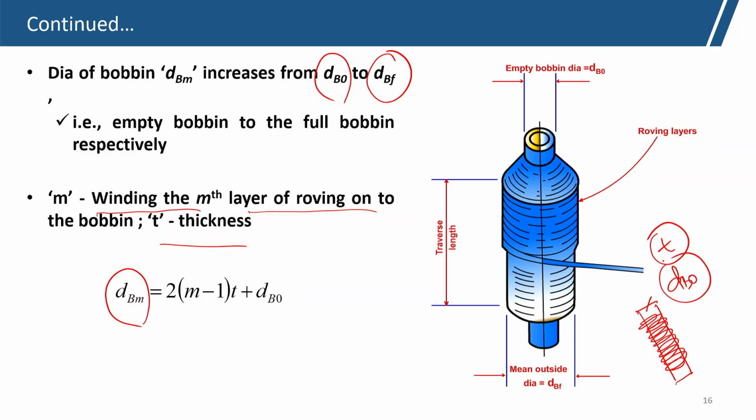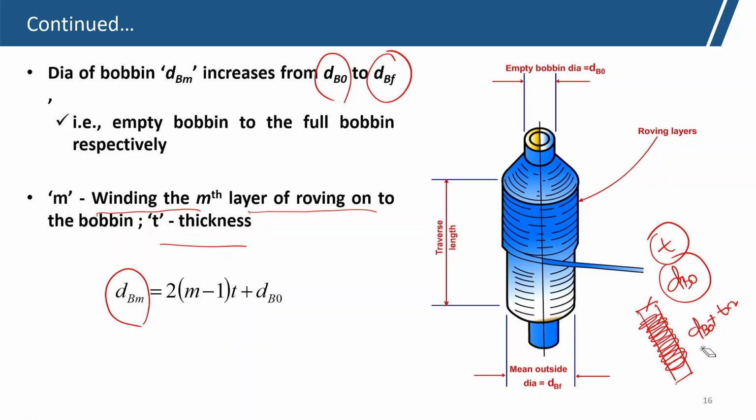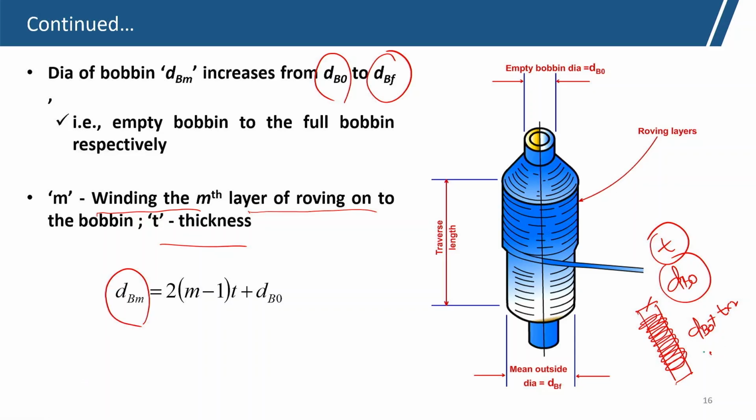For the first layer, the diameter will be dB0 plus 2T.